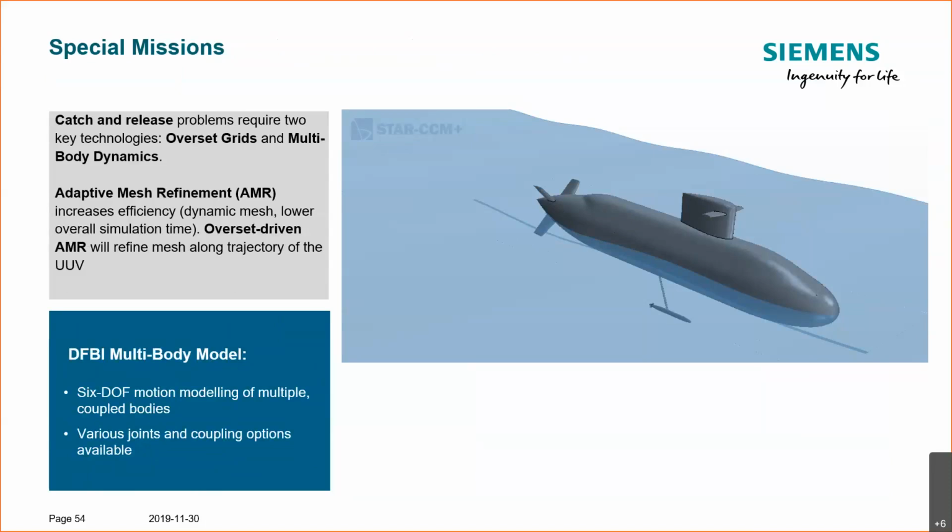And let's say the mission profile of the UUV is such that it will be traveling a large distance from the bottom of the seafloor back to the mothership. It would be very costly to have the mesh built according to the overset discretization level. So here we can use the new feature of adaptive mesh refinement to save even more computational cost and time.